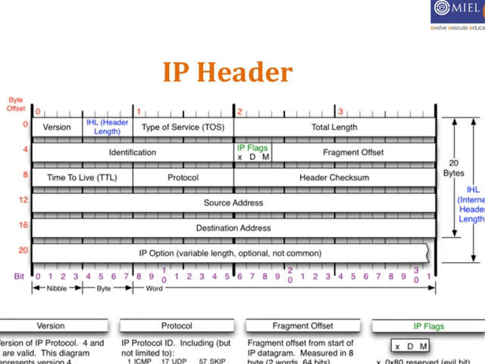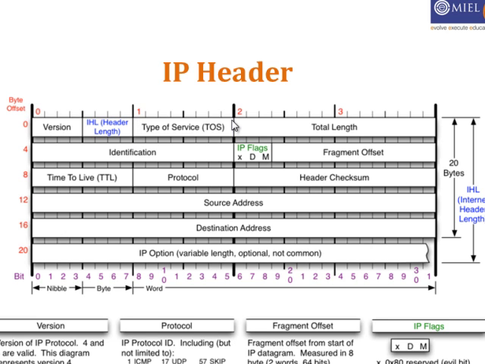The next field in the IP protocol header is the header length, the internet header length. This header length only talks about some starting parameters and not the data or the payload attached to this IP packet. The next field is 8 bits, which talks about type of service.